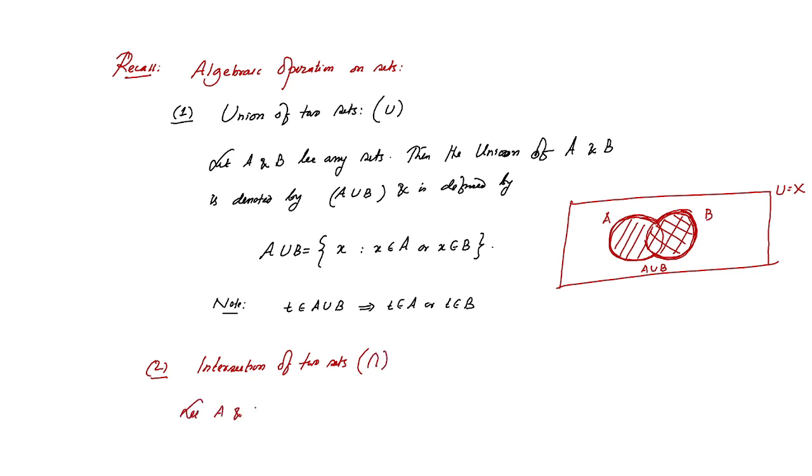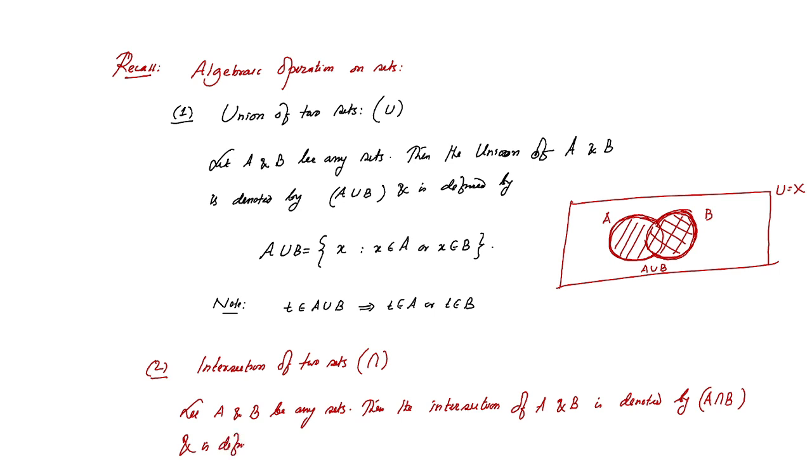Let A and B be any two sets, then the intersection of A and B is denoted by A intersection B and is defined by A intersection B equals all those x such that x belongs to A and x belongs to B.